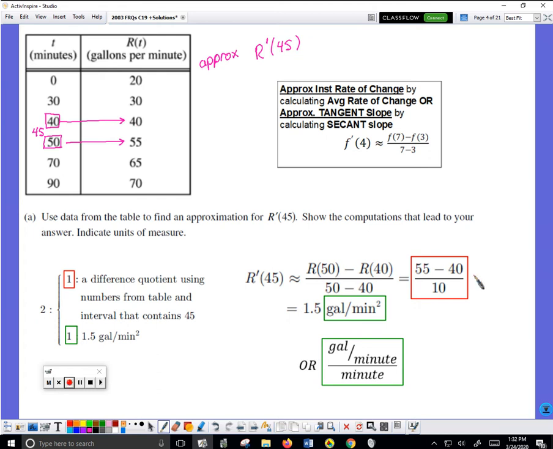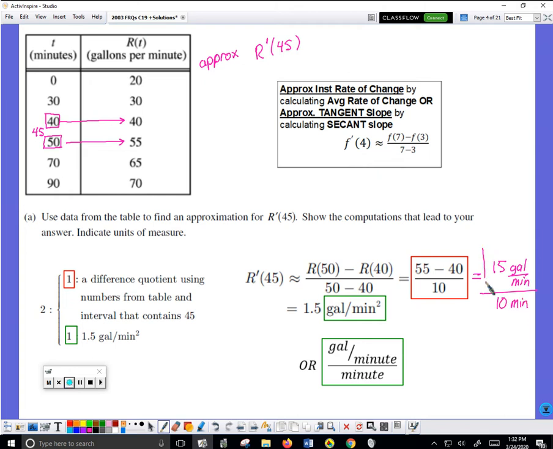So during this 10-minute time period, the rate of fuel consumption went up from 40 gallons per minute to 55 gallons per minute. That's an increase of 15 gallons per minute. That occurred over a 10-minute time period.